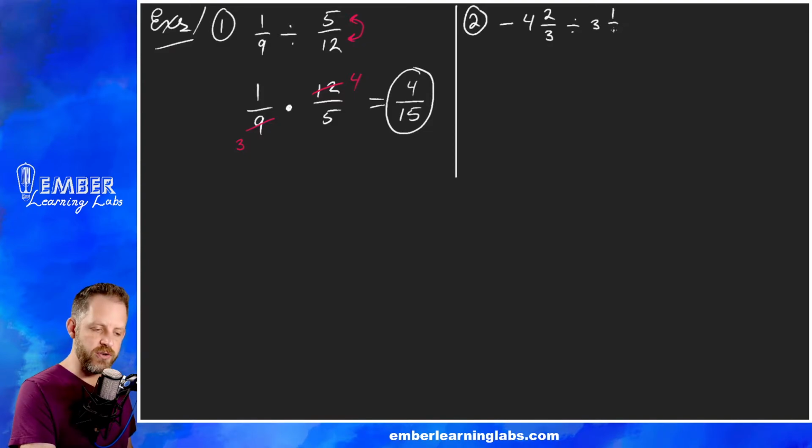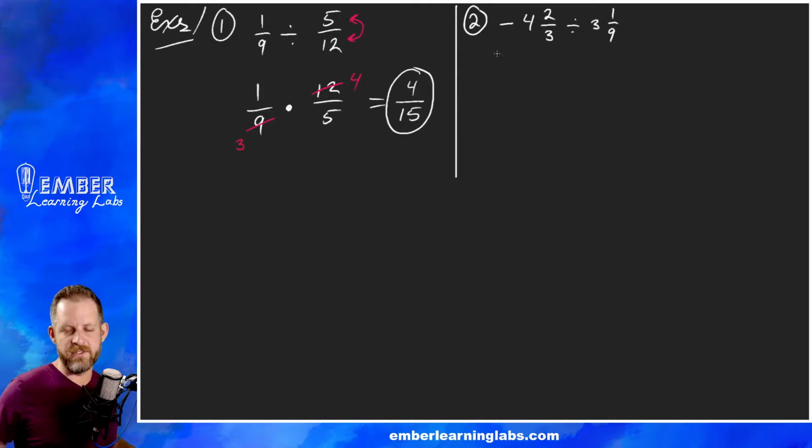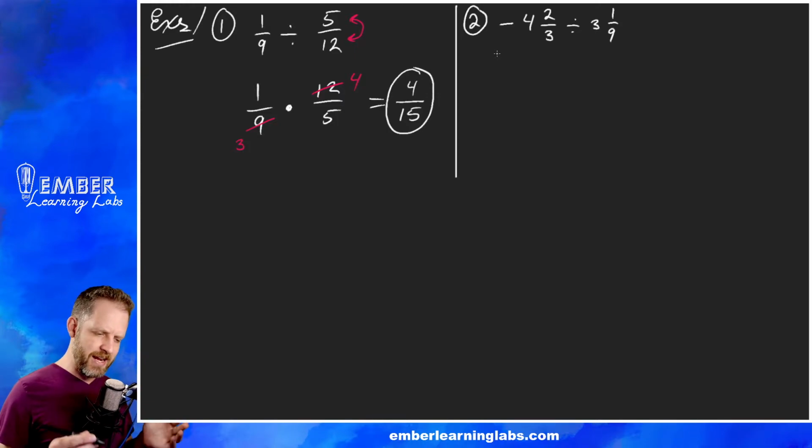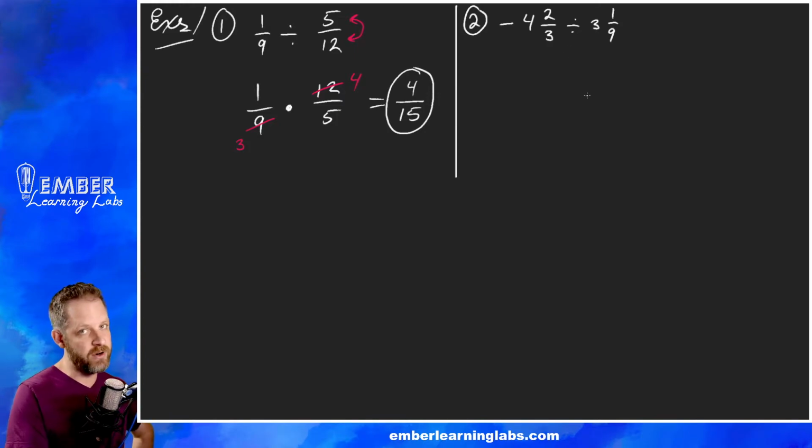So in order to divide mixed numbers, there's a lot of different ways to tackle it. Just like there is a lot of things in math, there's different paths to victory, so to speak. The first thing we are going to do is we're going to convert these mixed numbers into improper fractions.